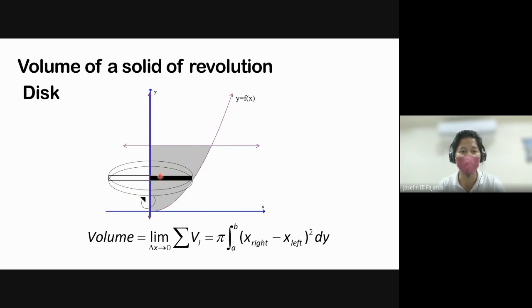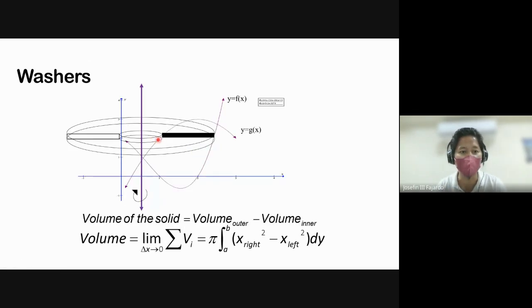Ibig sabihin, horizontal si element of area, vertical si axis or vice versa. Vertical si element of area, horizontal si axis. So pag inikot natin yung rectangle, you will form a disk. Similarly, ganun din dito. Perpendicular pa rin si axis at saka si element of area. Yun nga lang ito, hindi na boundary si ating axis.